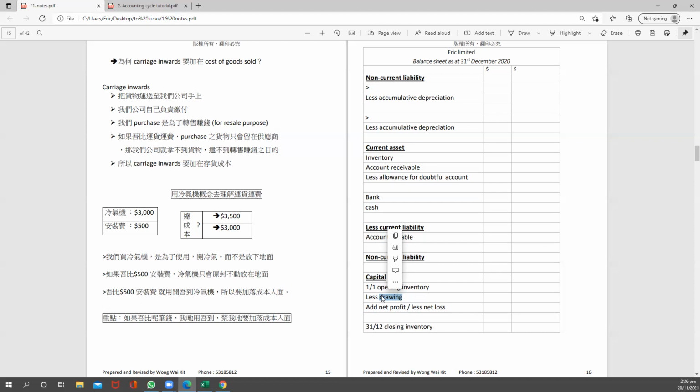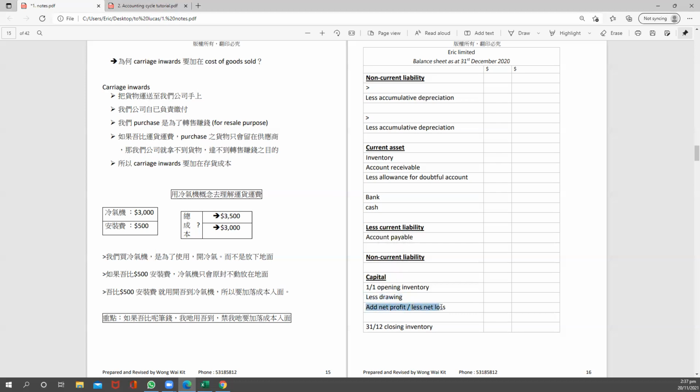If the owner takes something from the business, does his contribution to the company increase or decrease? Decrease. The owner takes something, so it decreases. So there will be less.